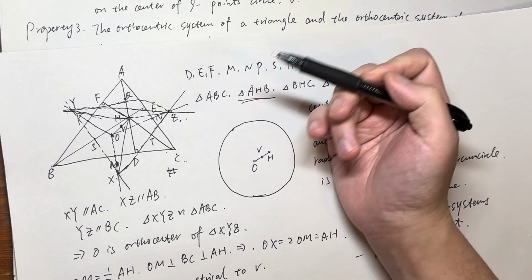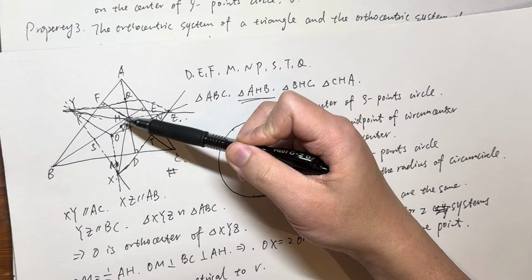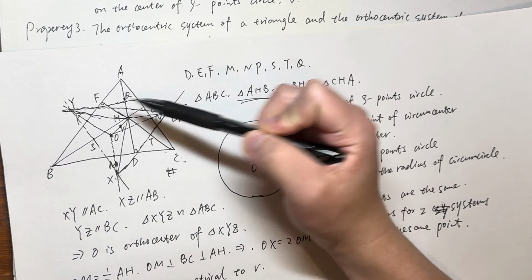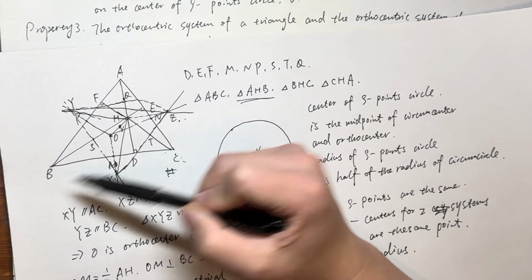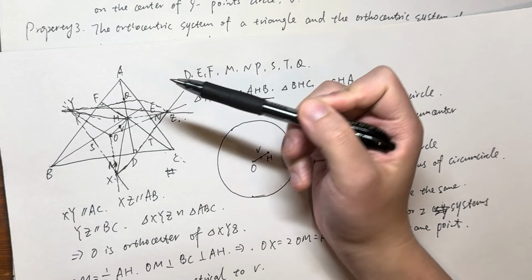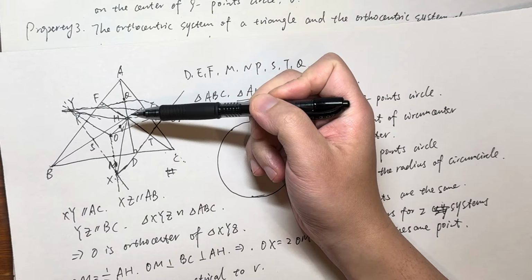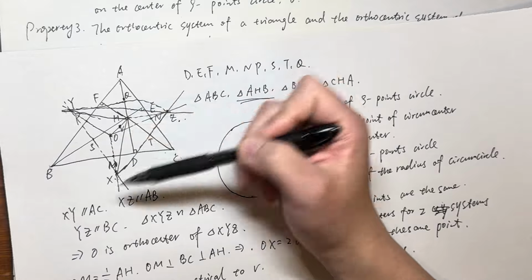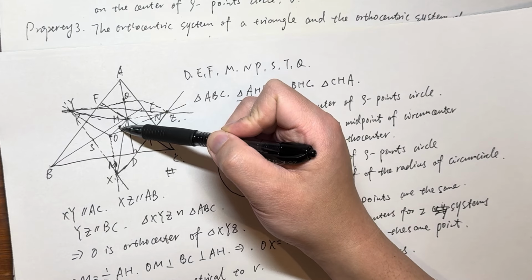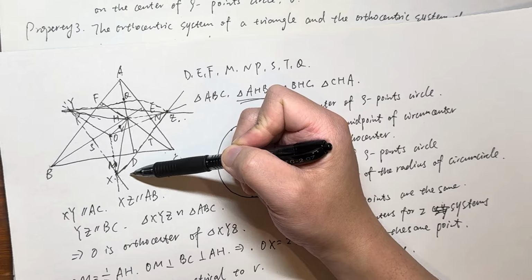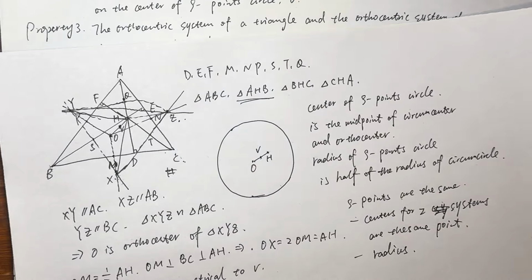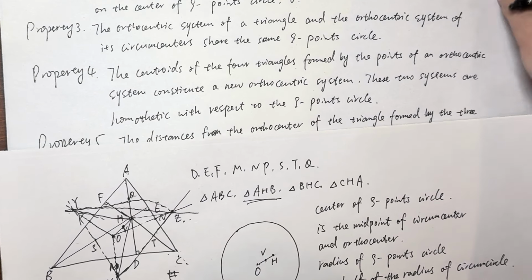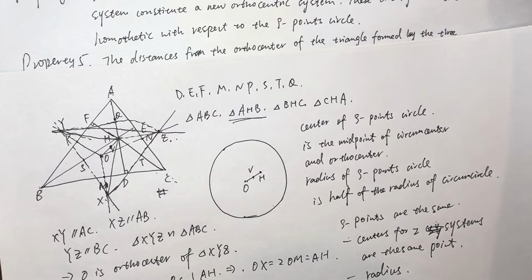So they're equal, which means that the radius of the circumcircle of triangle XYZ and radius of the circumcircle of triangle ABC are equal, and the orthocenter and the circumcenter are swapped for the two triangles, which means that the 9-point circle has the same center and the radius is the same. So they're sharing the same 9-point circle. That's property 3. Let's see property 4.